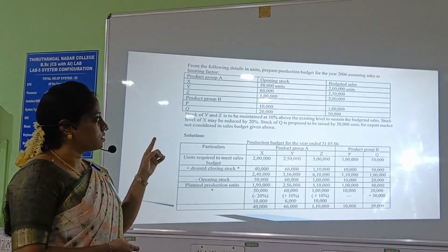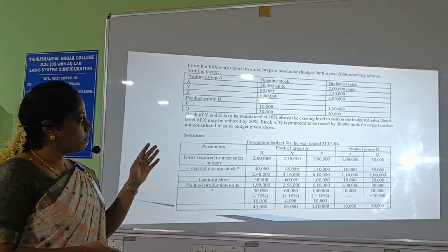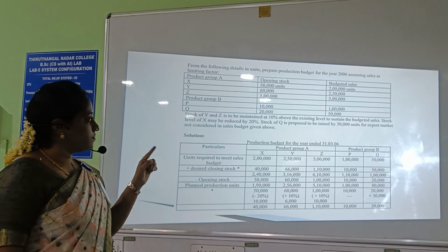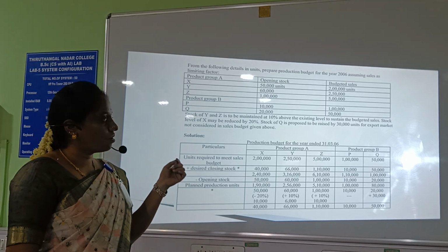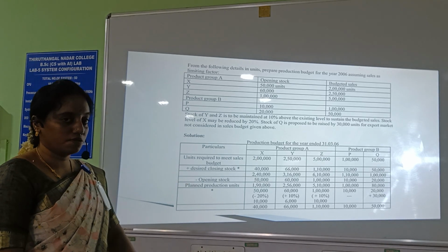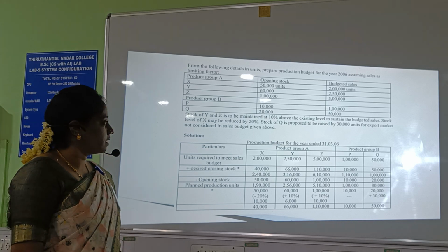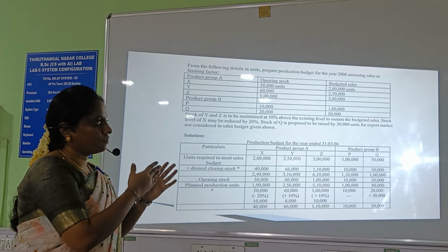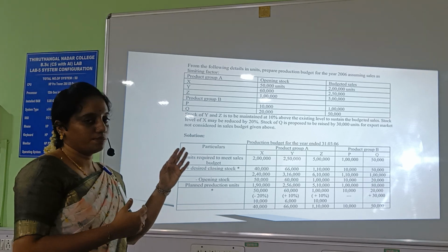Stock of Y and X is to be maintained at 10% above the existing level to sustain the budgeted sales. Stock level of X may be reduced by 20%. Stock of Q is proposed to be raised by 30,000 units for export market, not considered in the sales budget given above. By this information, we have to prepare production budget for the year ending 31/3/2006.